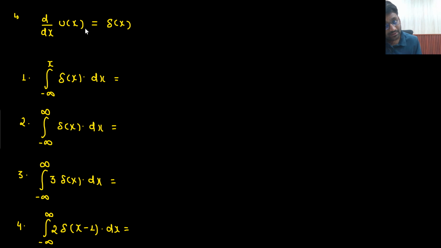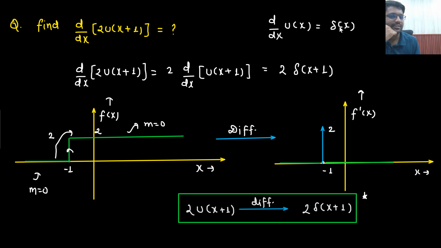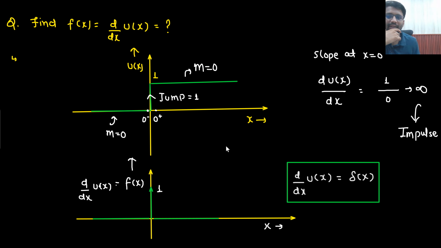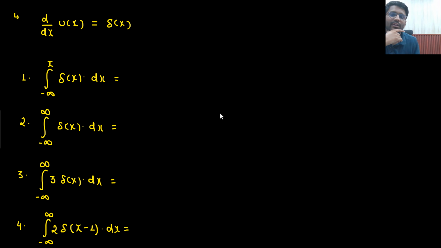If d by dx of u(x) equals delta x, this you already know, no? d by dx of u(x) equals delta x. Where have we seen it? Here we have seen it. Then what will be the value of u(x)? What we have seen, d by dx of f(x) equals g(x). So what will be the value of f(x)?